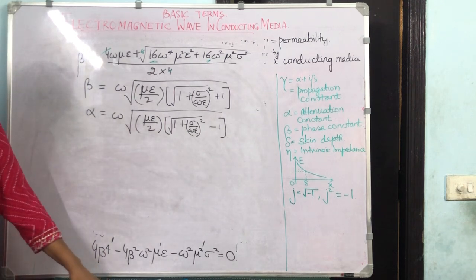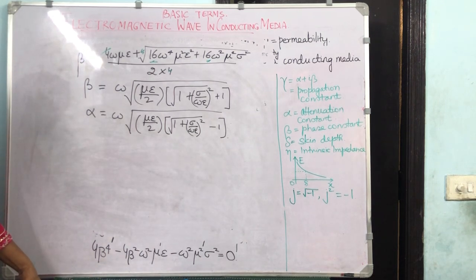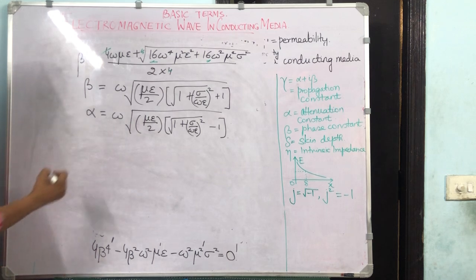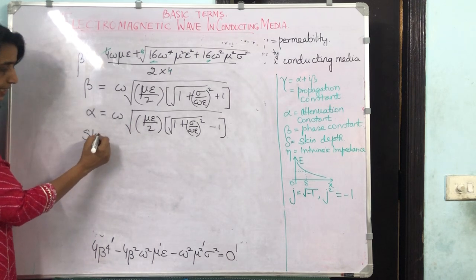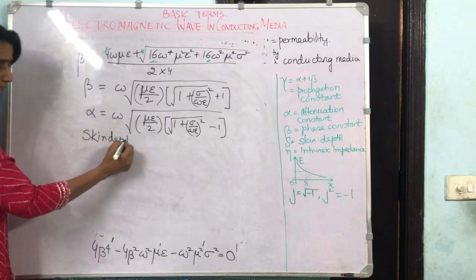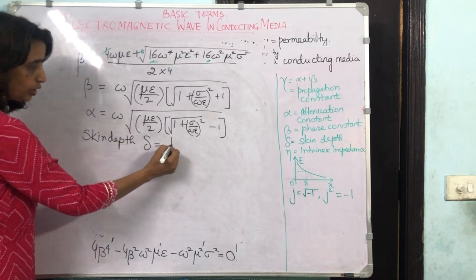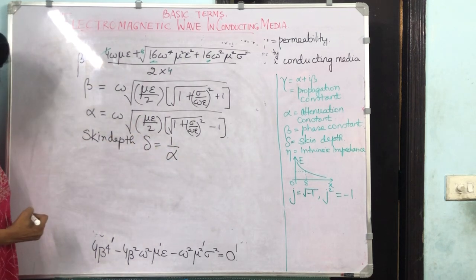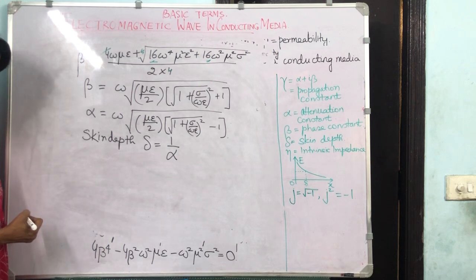Now, the reduction of amplitude of a uniform plane wave as it travels through a lossy or conducting medium is known as skin depth. So, skin depth is equal to 1 upon alpha, that is attenuation constant.